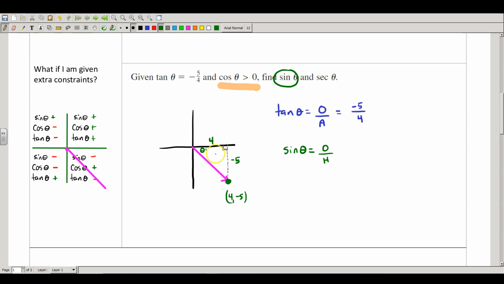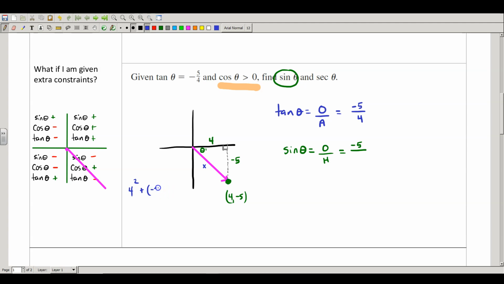Well, I have my picture here. The opposite of my angle is -5 over the hypotenuse, which I need to find. I have to go back and do the Pythagorean theorem. Let's just call this x, and do the Pythagorean theorem to find that hypotenuse, just like we did when we first started SOHCAHTOA. So this would be 4 squared plus 5 squared.